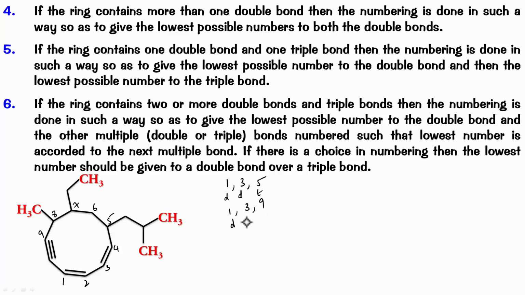This is double, double, triple. That makes absolutely no sense, and I just can't start with 1 as a triple bond. So that's not going to work. So the only way in this particular situation is to go for the earlier numbering of 1, 3, 5. So the numbering is done like this.